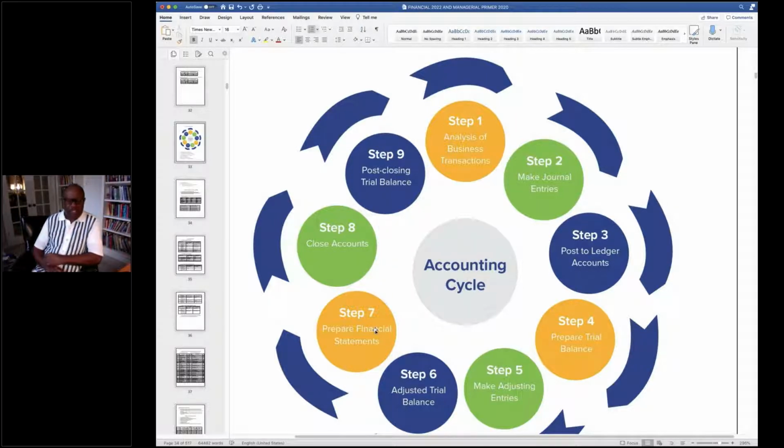In step 7, I showed you how to prepare financial statements from that trial balance, and that is really just a procedural process of lifting your amounts from the trial balance and going to the financial statements. As long as your trial balance is balanced and you prepare an income statement first, then your statement of retained earnings, then your balance sheet, you should be able to prepare financial statements.